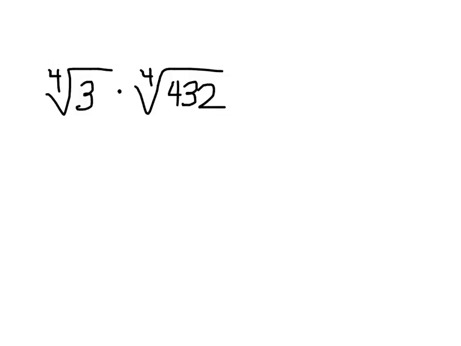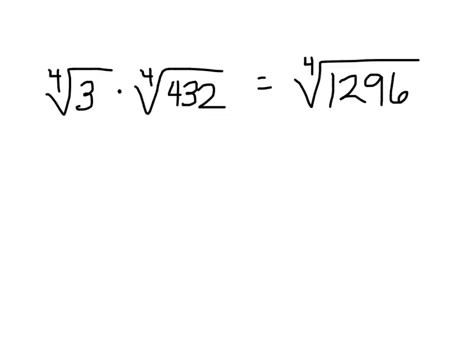These, the exponents would be the same. So what can you do with the bases? What can you do with the 3 and the 432? Multiply them, right? So what is 3 times 432? Thank you, Nick. So 1,296 goes underneath the house.